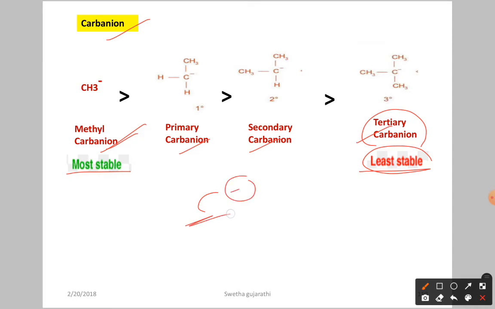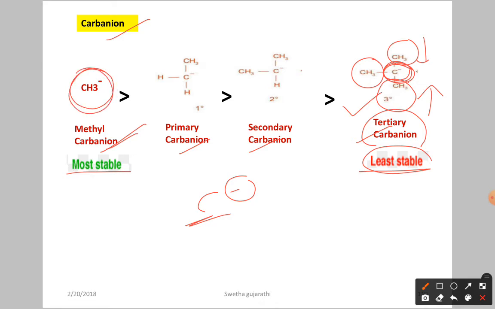The surrounding groups are going to donate, but an electron-rich species doesn't want to take electrons, so stability decreases. Because of that, tertiary carbanion is less stable. Here it is more stable, because it is already electron rich and no one around is giving electrons.